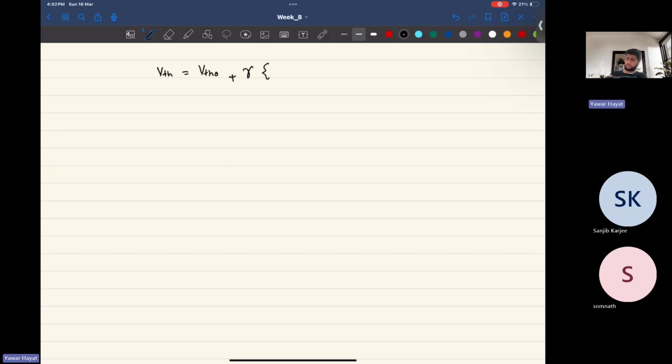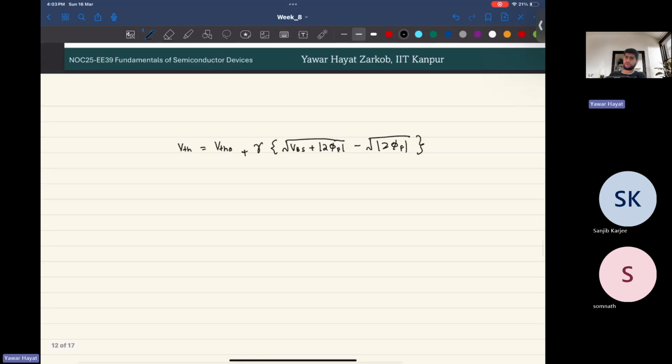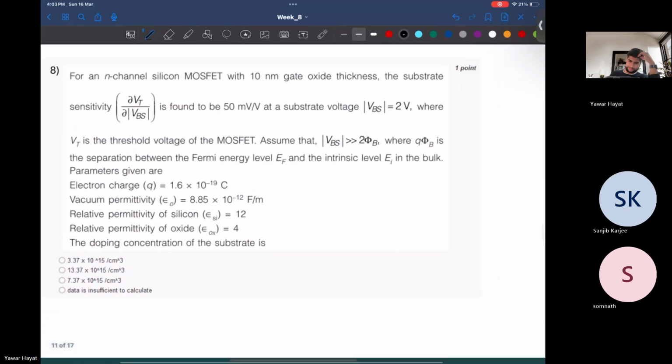I already showed you this equation. What is this equation? This is the threshold voltage in presence of substrate bias.